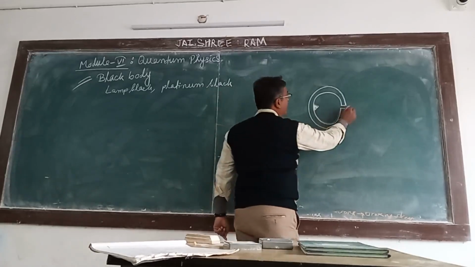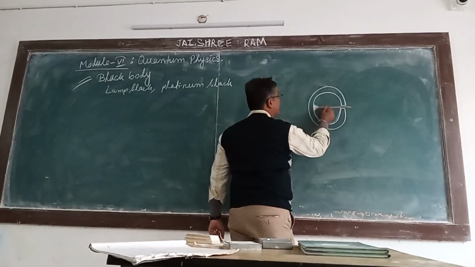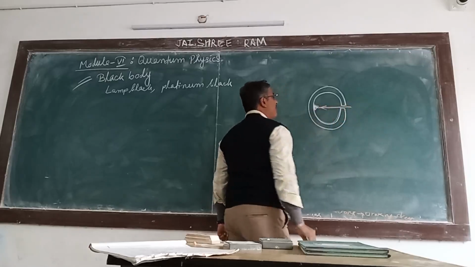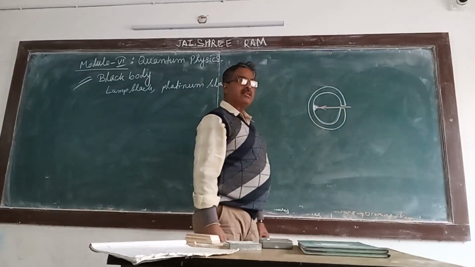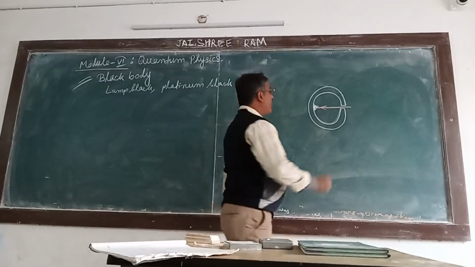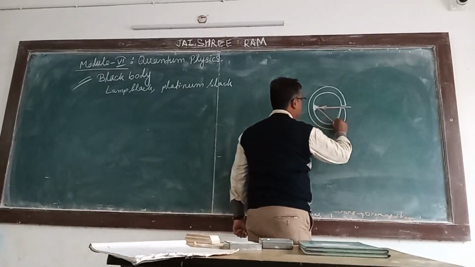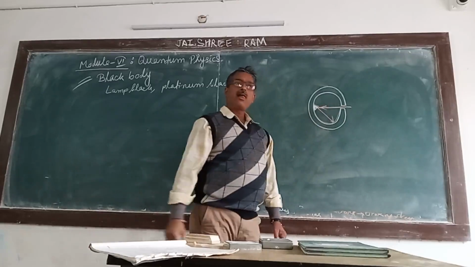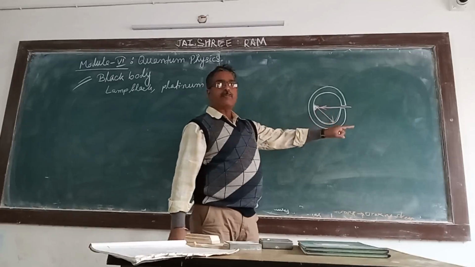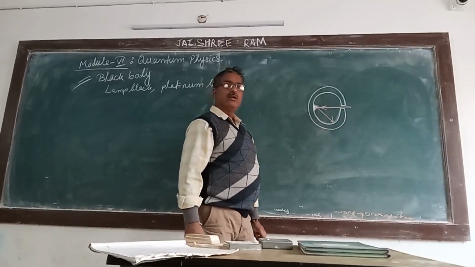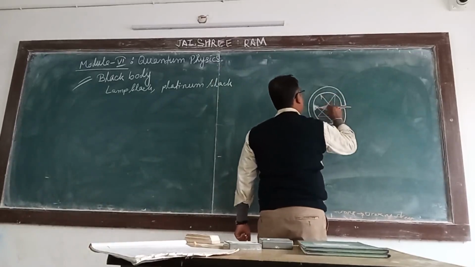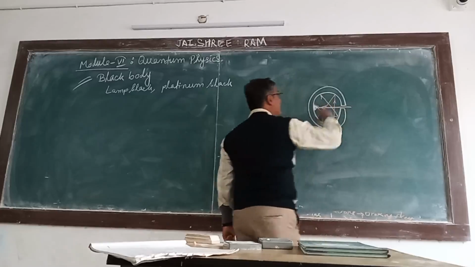When the light or the radiation is incident on this fine hole, what happens? Maybe 99% of the radiation is absorbed here, and 1% is reflected back. Then 99% of that 1% is absorbed. In this way, all the radiation is absorbed inside the black body.